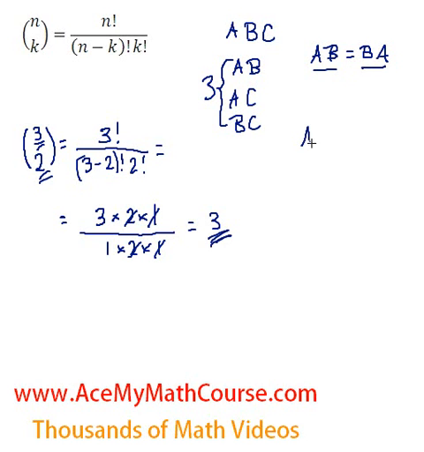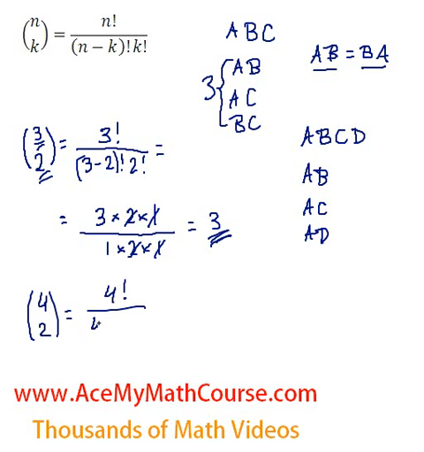So let's say, what if we have A, B, C, and D now? And again, we want to choose two objects, or just two letters, A, B, A, C, A, D, and so on. That'd be 4 choose 2. So we have 4 factorial over 4 minus 2 factorial, 2 factorial.